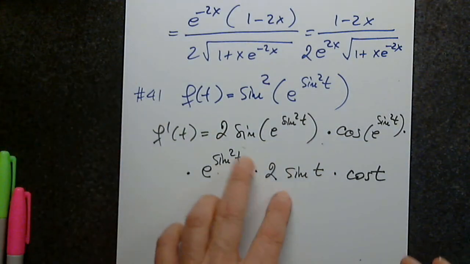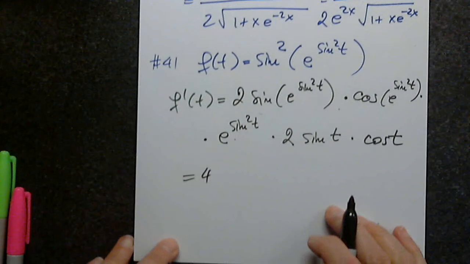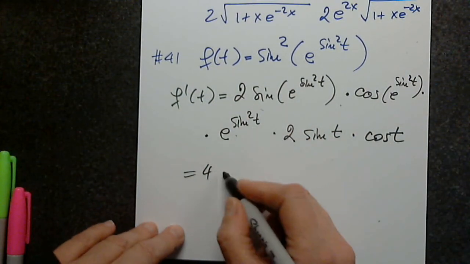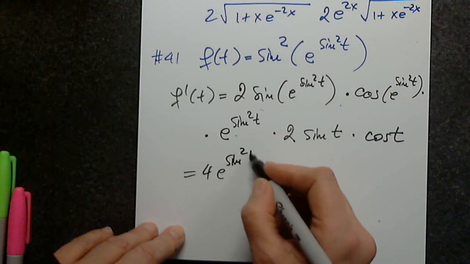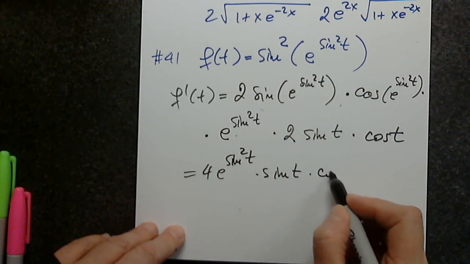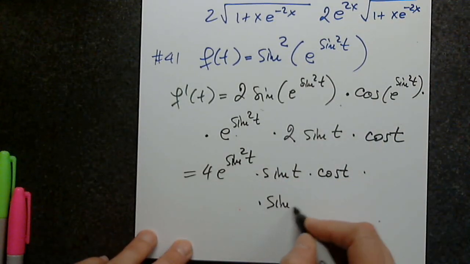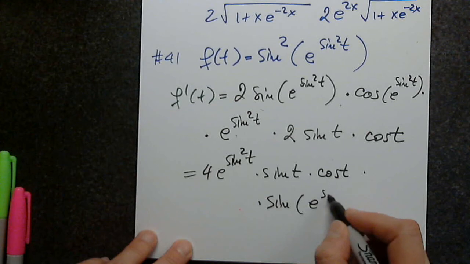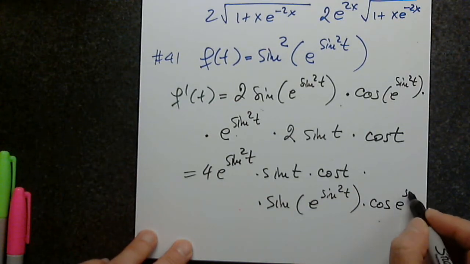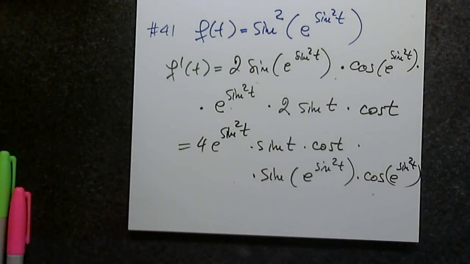I can't do anything other than just multiply these two and write 4 and copy the rest. I like to put this first, these, and these two. Nothing you can do here. Don't even try. And this is it.